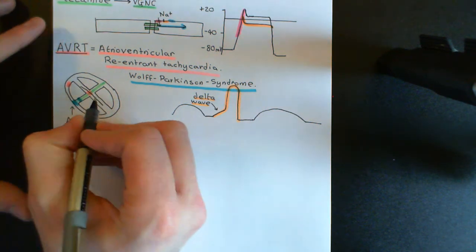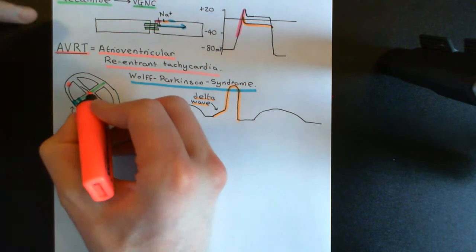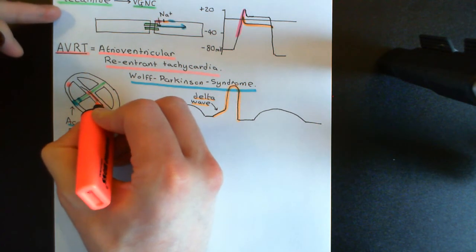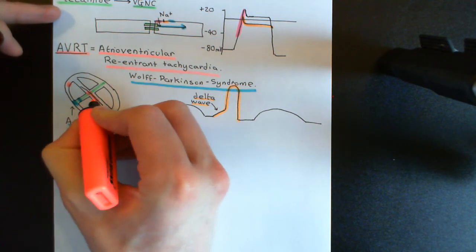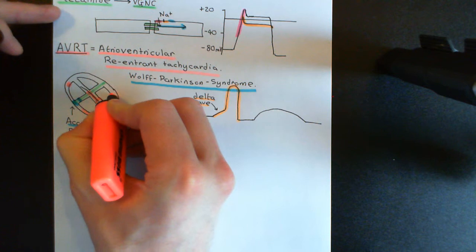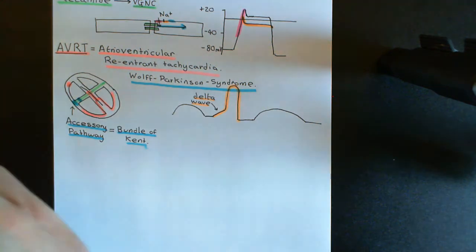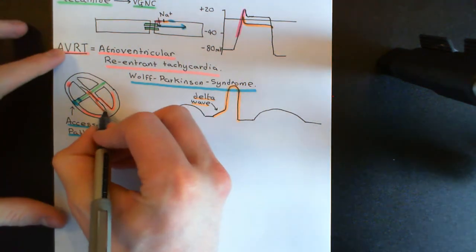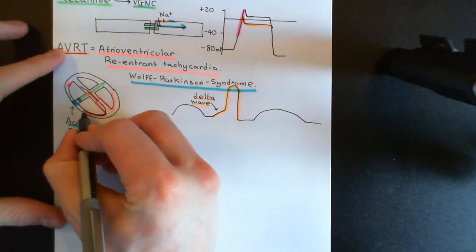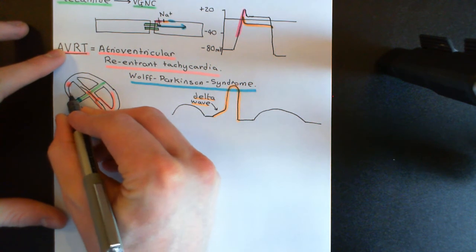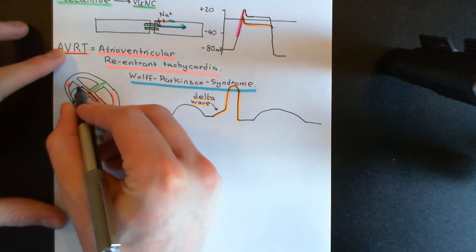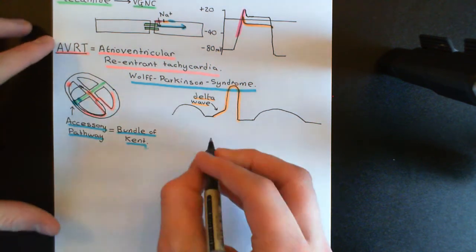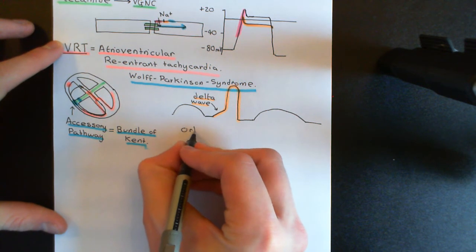I'll just draw the ventricular conduction system on. So here is the bundle of His, here is the right bundle branch, here is the left bundle branch. Okay, so either the electrical signal can go down the ventricular conduction system like so, and then it can go up the bundle of Kent here, and then back round like so, and that's known as an orthodromic re-entrant loop.